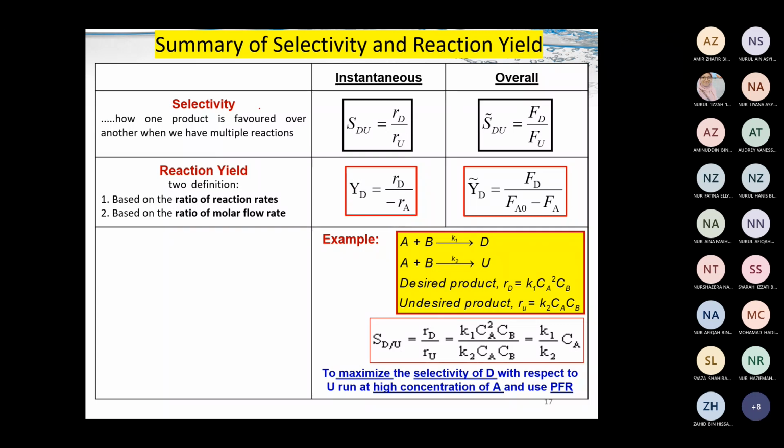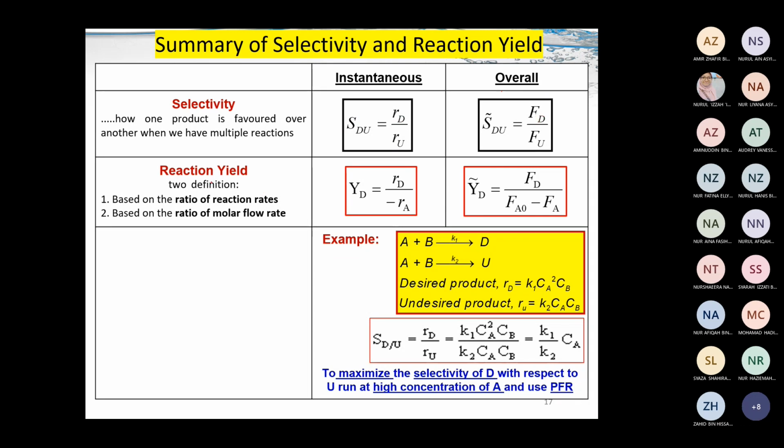Alright. Okay, then we have a selectivity, how one product is favored over another when we have multiple reactions. Okay, so this is just a summary. You can look at this table. Dia dah summarize according to instantaneous and also the overall. So for the selectivity instantaneous, yang bezanya adalah in term of symbol, and also this is rate of reaction, and this is for the molar flow rate.